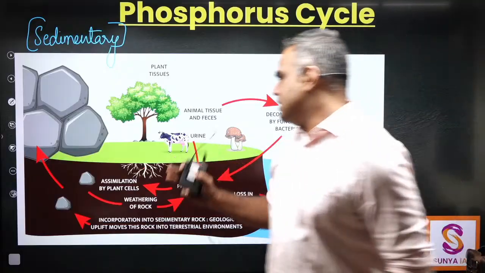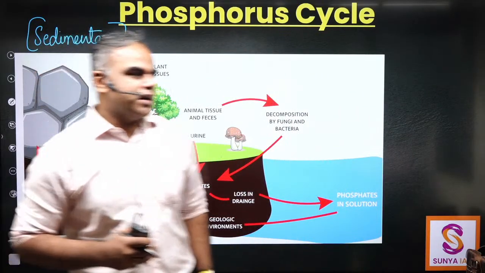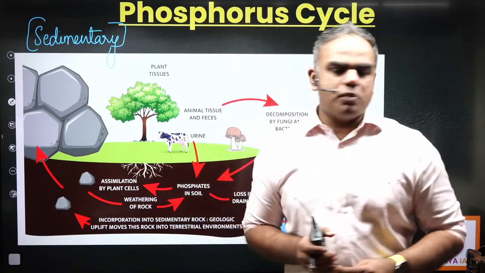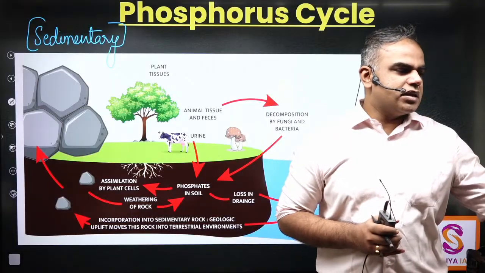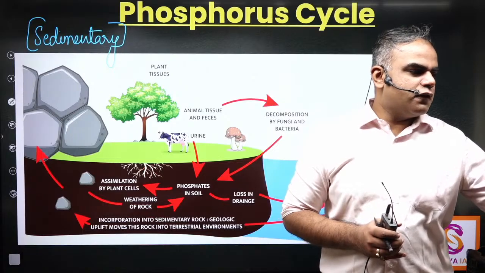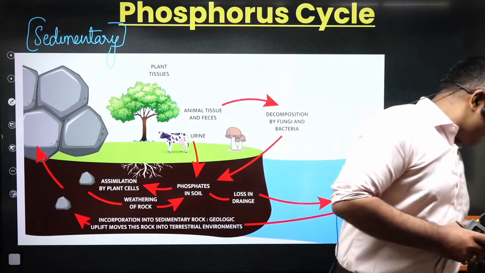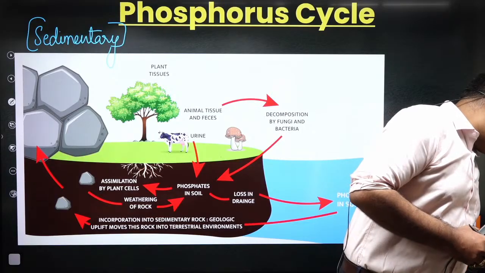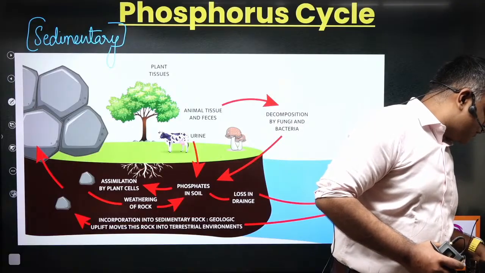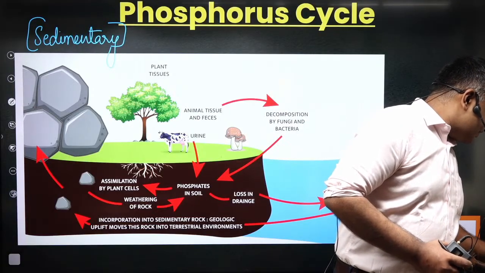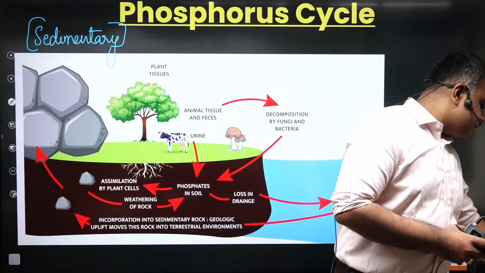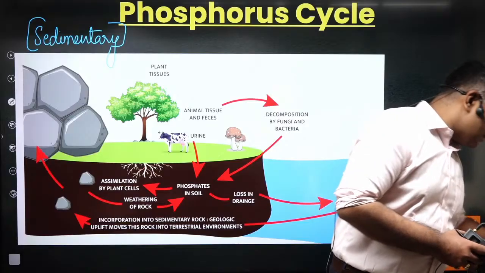Phosphorus cycle is in that sense a small cycle. We'll write a couple of points about the phosphorus cycle now. You can write it is a major component of nucleic acids and phospholipids, which means lipids which have a base of phosphorus.